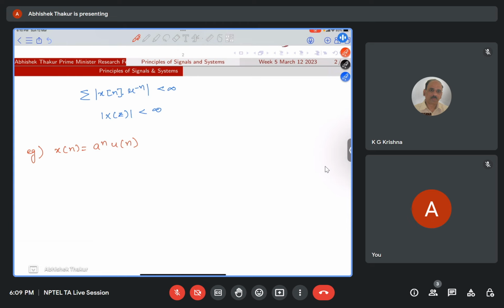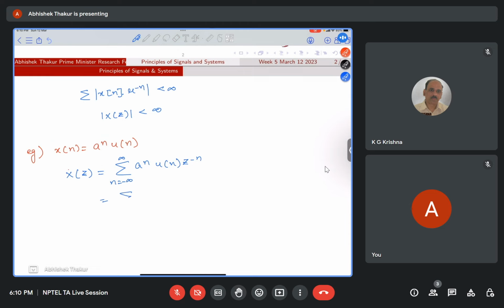For this we'll simply use the formula X(z) equal to the summation from n equal to minus infinity to infinity of a to the power n u[n] multiplied by z to the power minus n. Now we know that u[n] is 0 when n is less than 0.